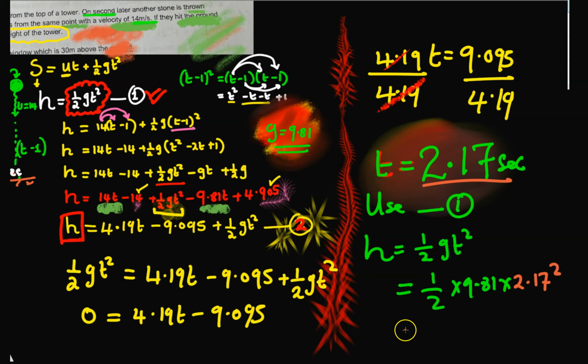So if we put that in our calculator, it will be a half times 9.81, that's the gravitational field strength, the acceleration due to gravity, times 2.17, then squared. So what will be the height?